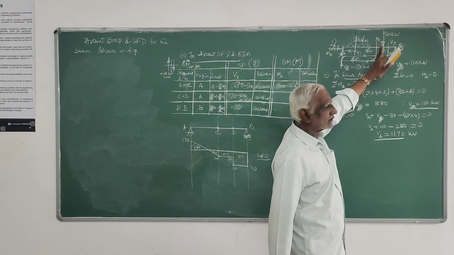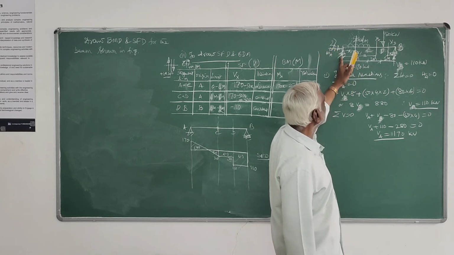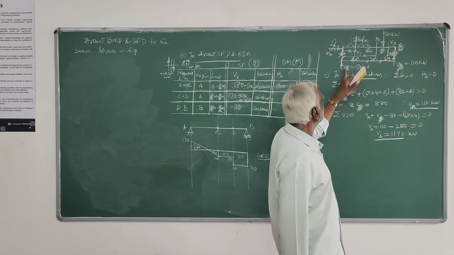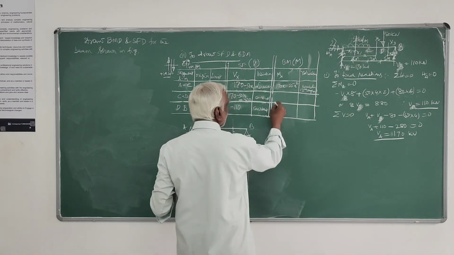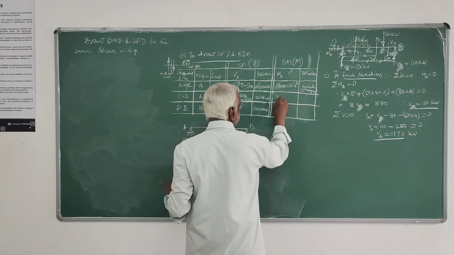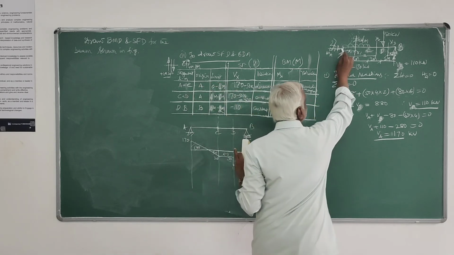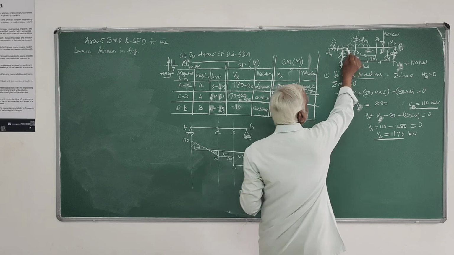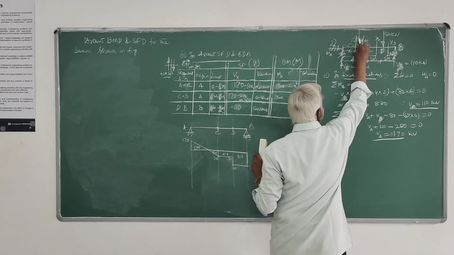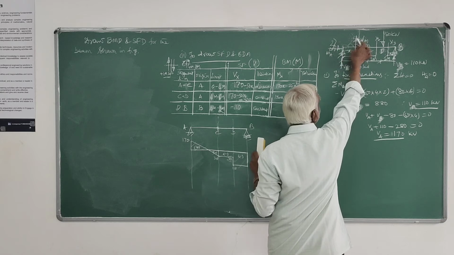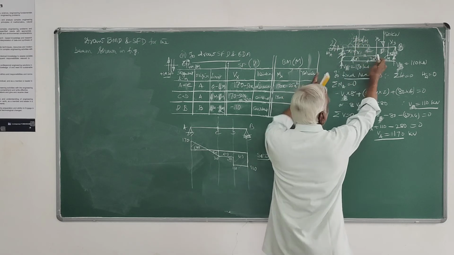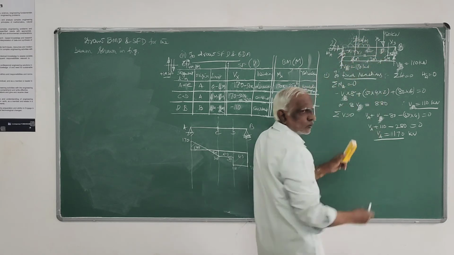Next, this section C to B, A to C over C to B. You take moment about that section towards the left only, because distance is measured from A. So due to this, 170 into x, clockwise, positive. Then due to this, it is 50 into 4, that is 200. 200 is acting at a distance of 2 meters from here, or x minus 2.